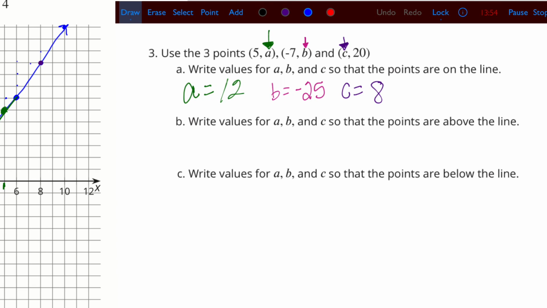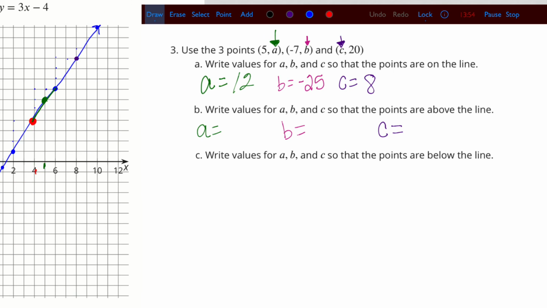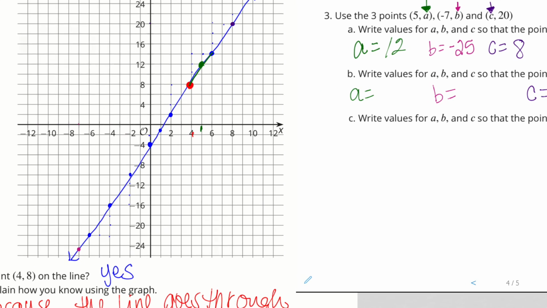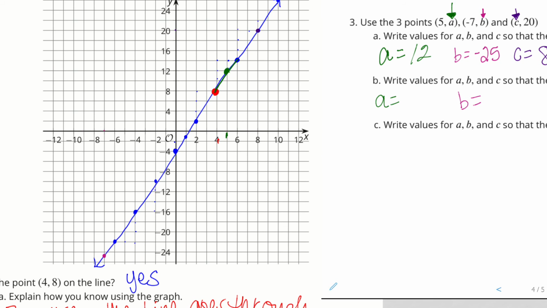Now we're still doing A, B, and C. I'm going to do these in green, pink, and purple. So we're going to pick points that are above the line. For A, we're going to go to 5 again, back to this point right here.